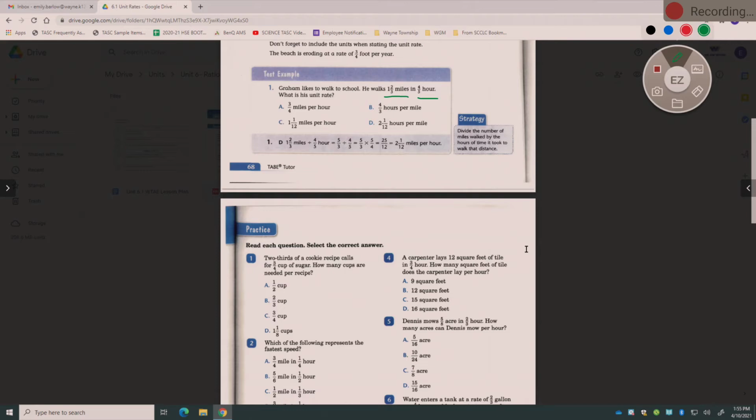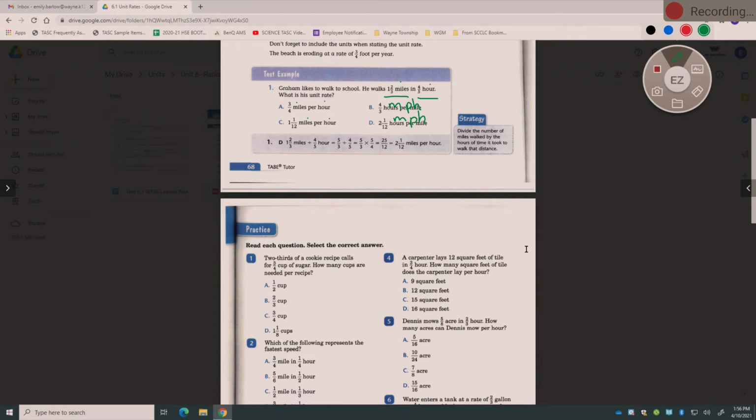Well, we've got miles per hour up here, but all of our answers are miles per hour as well. Oh, this is hours per mile and hours per mile. They messed those up. That's a typo. It should still be miles per hour and miles per hour. That was their mistake, not ours. Okay?